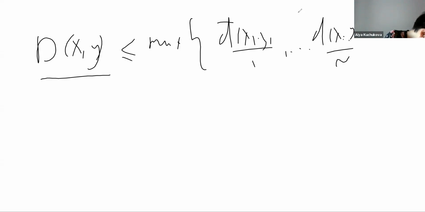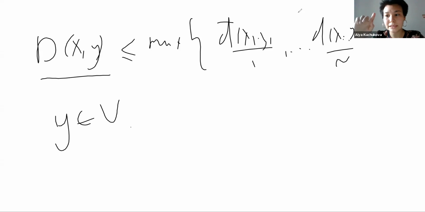We know that if y is inside of the v, then each of them would still be lower than epsilon.